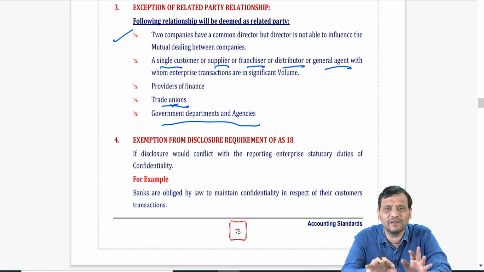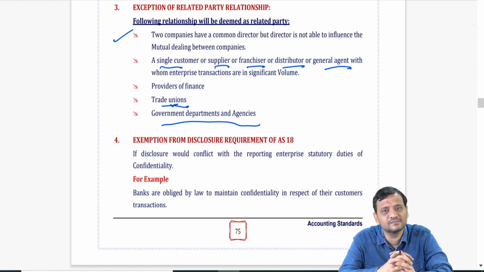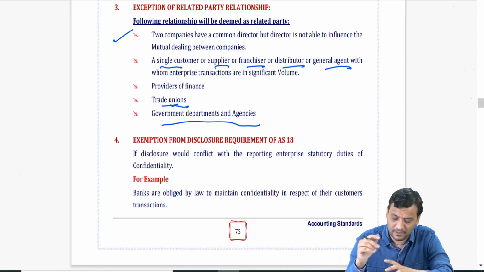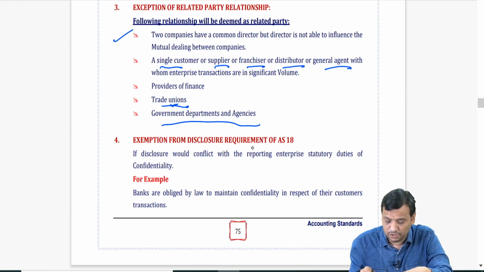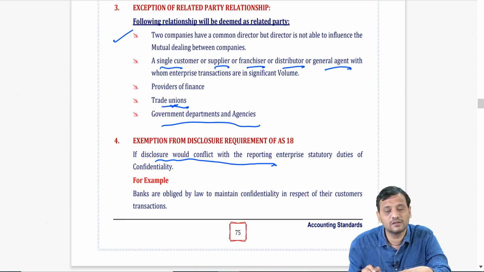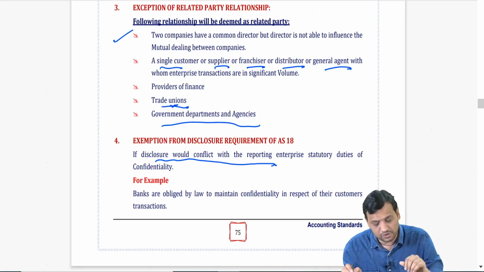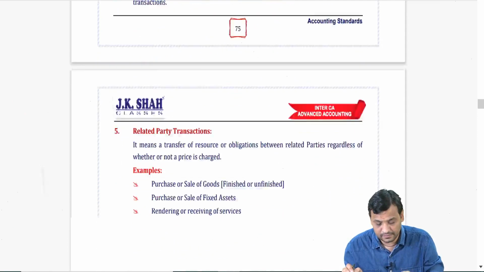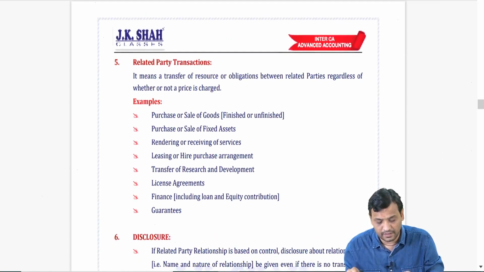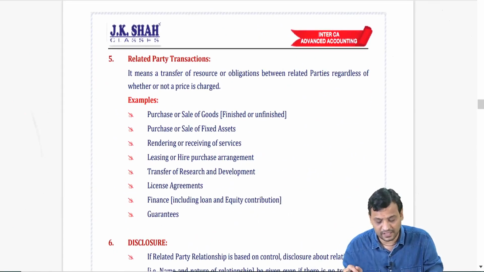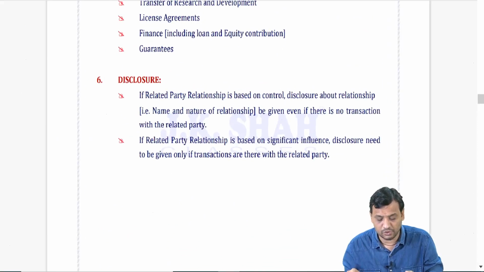There are two state managed entities and there is a transaction done between state managed entities, then disclosure is not required. Yeah. So, exemption from disclosure, disclosure would conflict with the reporting enterprise statutory duties of confidentiality, and these are related party transactions I just gave, and disclosures.